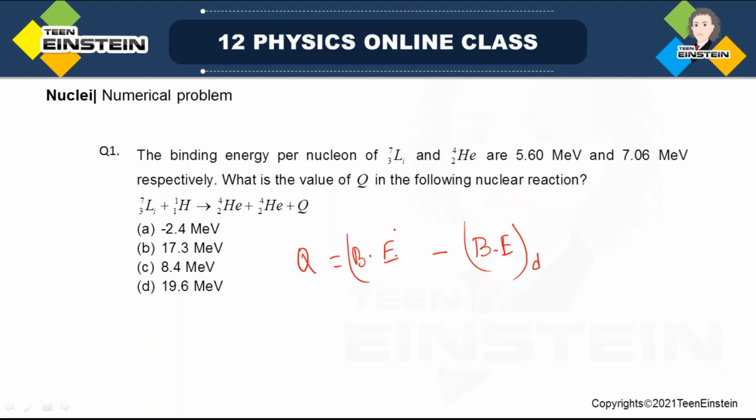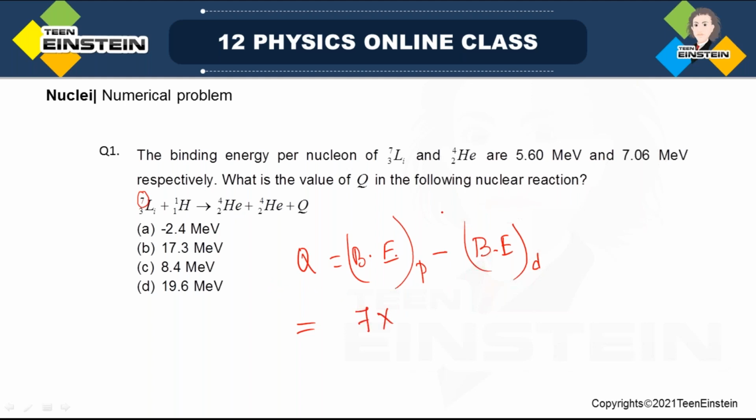As you do the calculation, then you understand. See, for the parent, how many nucleons? So there are 7 nucleons.